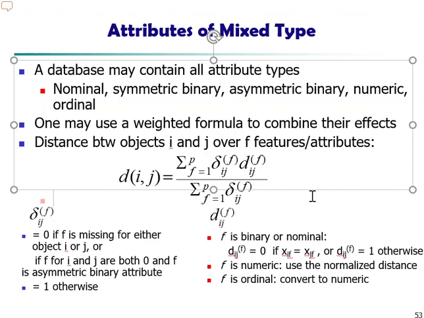We could very likely have nominal, symmetric binary, asymmetric binary, numerical, and ordinal data in our data set, describing our observations. When that's the case, we can use a weighted formula. Remember weighted sum? This is where we're going to use the weighted mean.